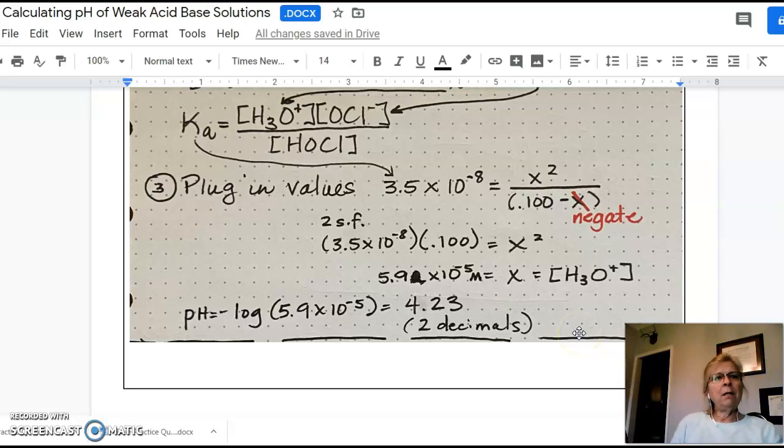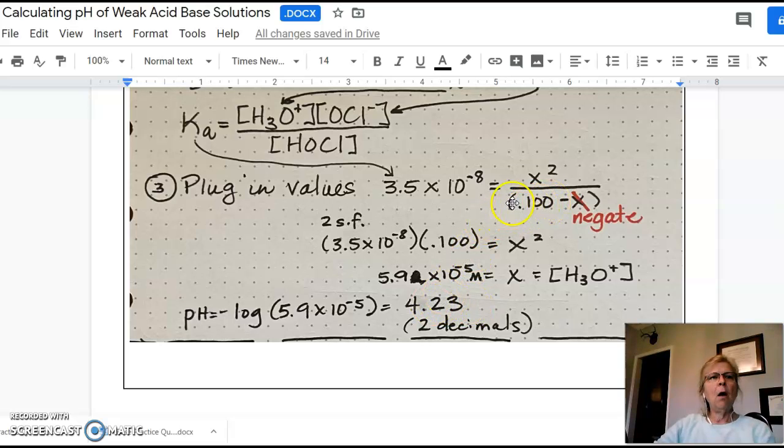Now, you might notice that I wrote down 2 decimals underneath here, and that is because, going back to our original concentration, we noticed that the original concentration had three significant figures. I was looking at this concentration. That means my 3 significant figures from 0.100.